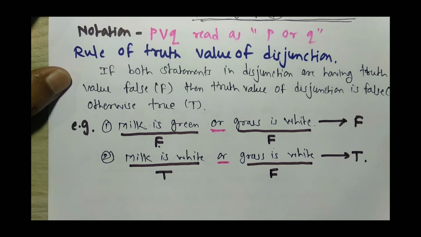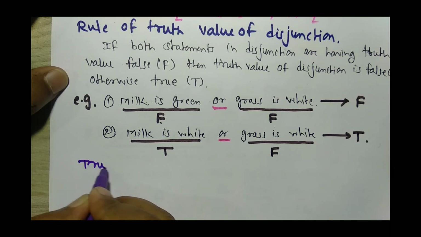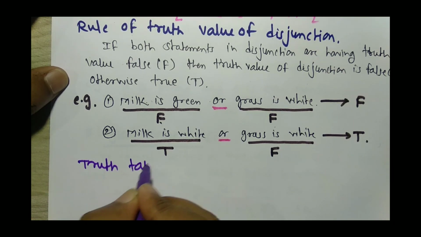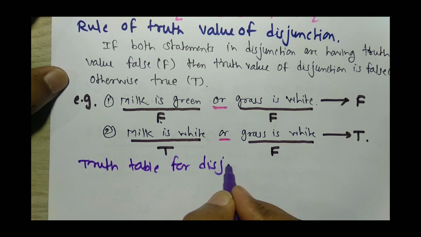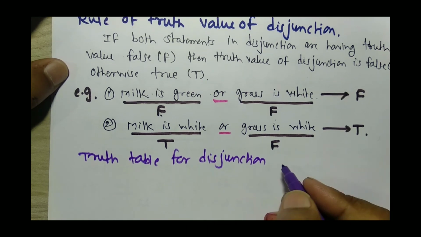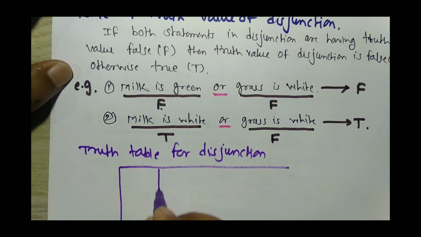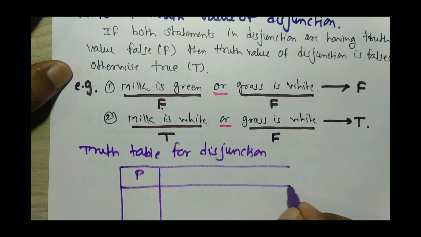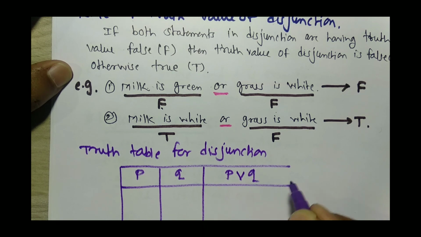And therefore you will get the truth table for disjunction. Once again, three columns are here. First column is related to P, second column is related to Q, and third column is related to P or Q. Here is the or notation, and P or Q is considered.